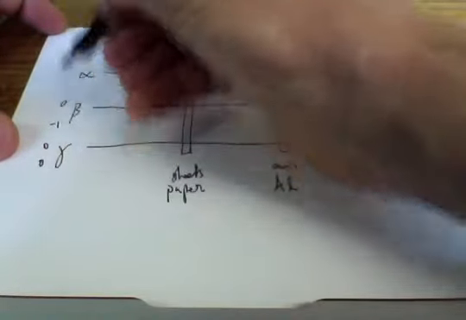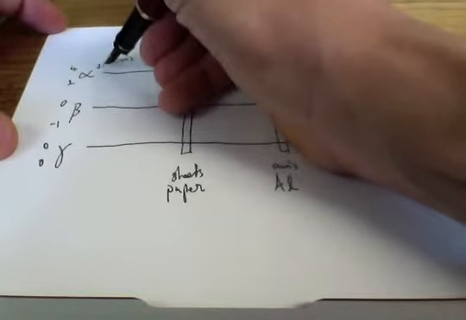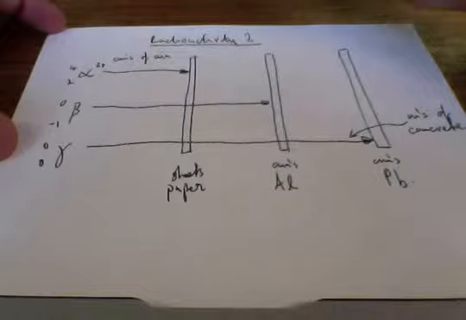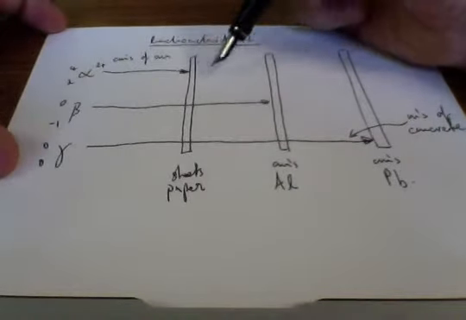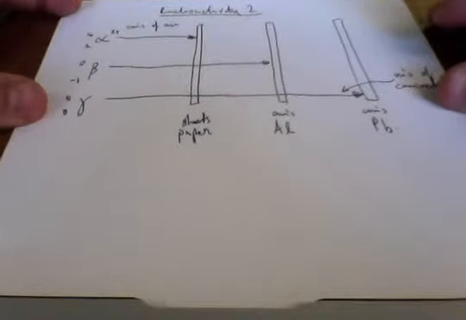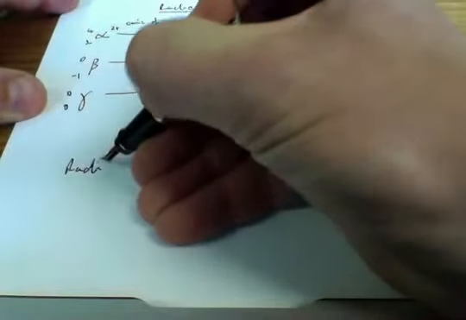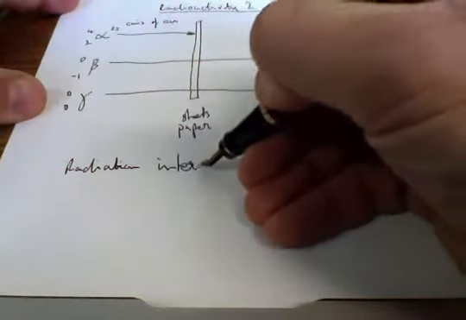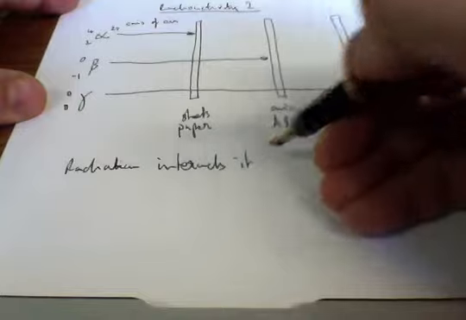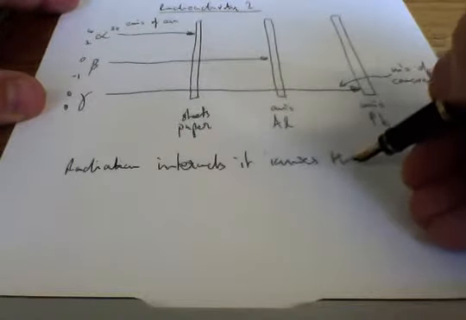Let me write in again our notation on each of these, and let's have a look at it. Now, when all three of these interact with any material, we say the radiation ionizes the matter.